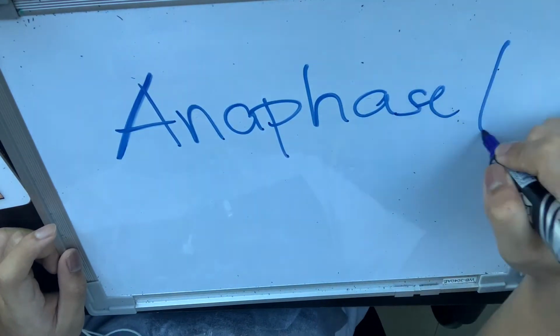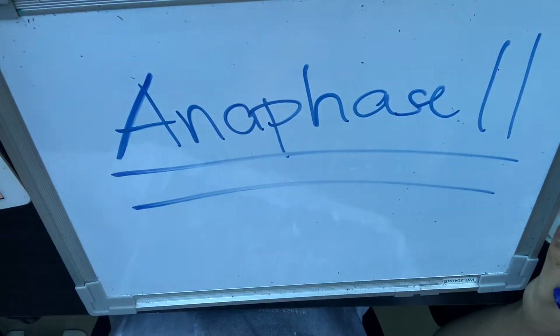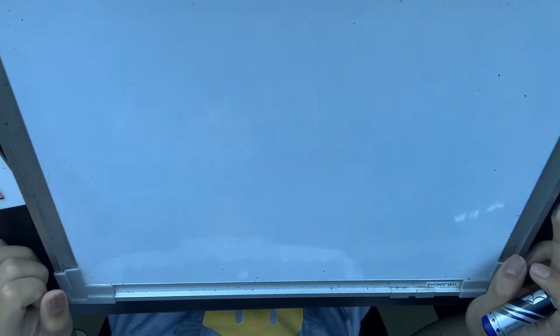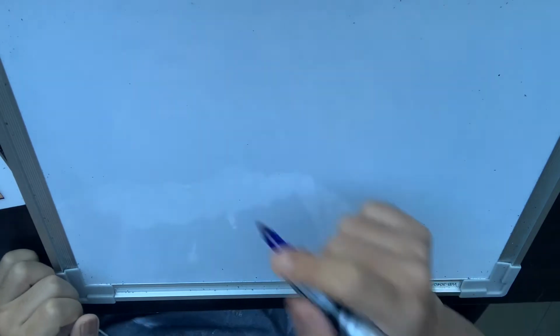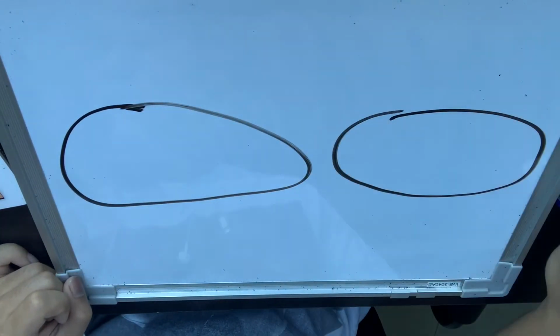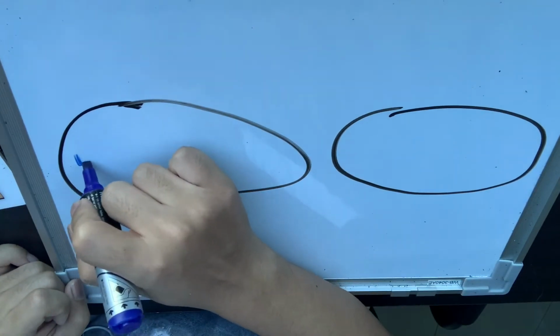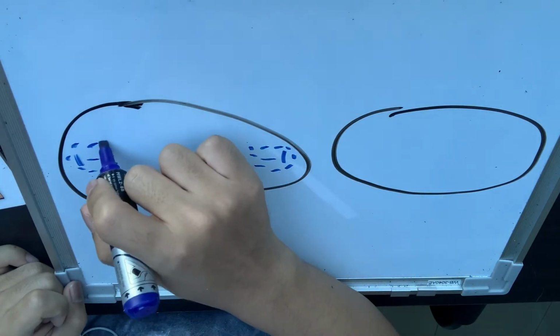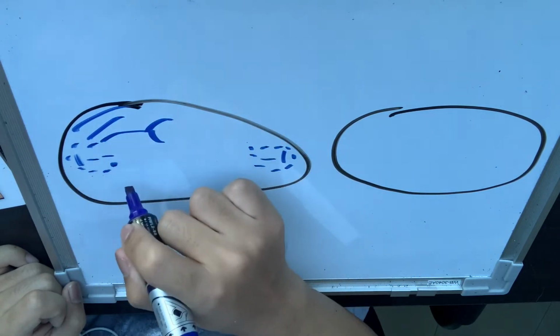Anaphase 2. So in anaphase 2, the centromeres separate and the two chromatids of each chromosome move to the opposite poles on the spindle. The separate chromatids are now called chromosomes in their own right. So basically here, these two separate. Again, sorry for my drawing.